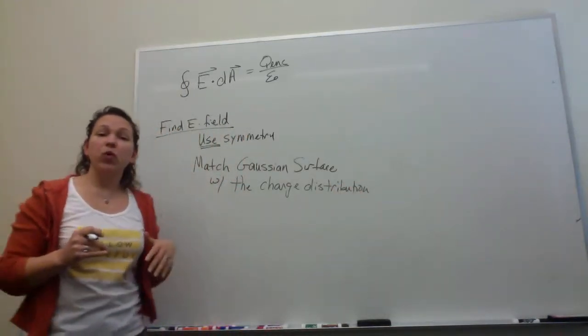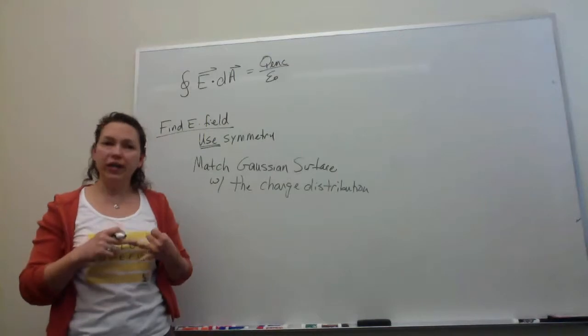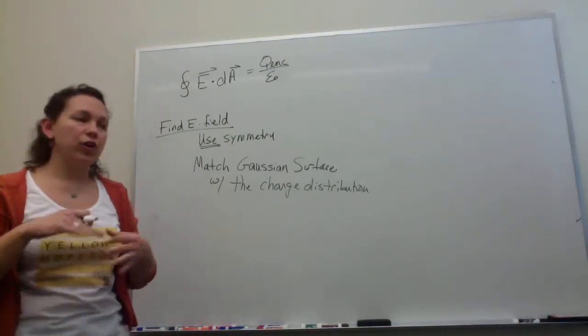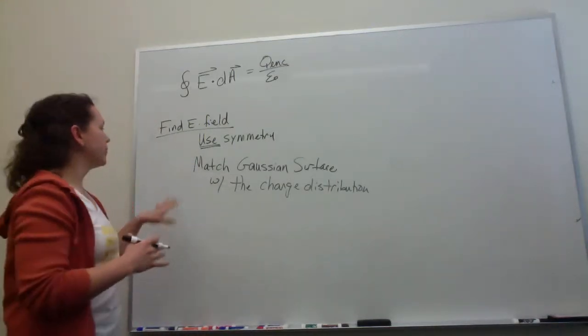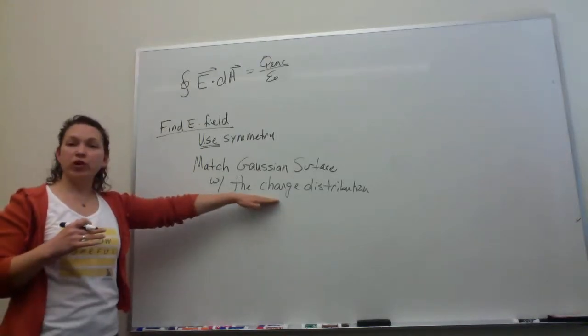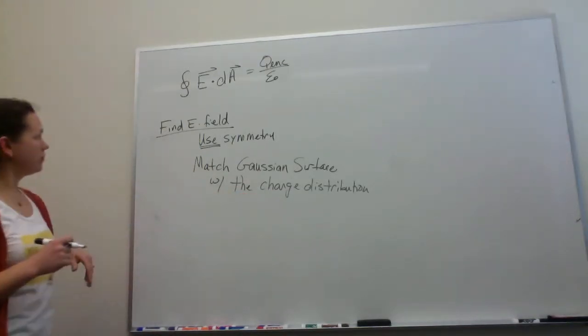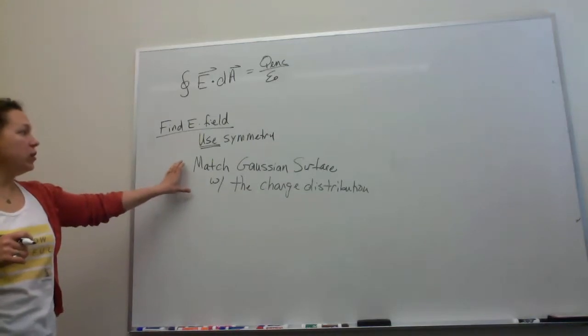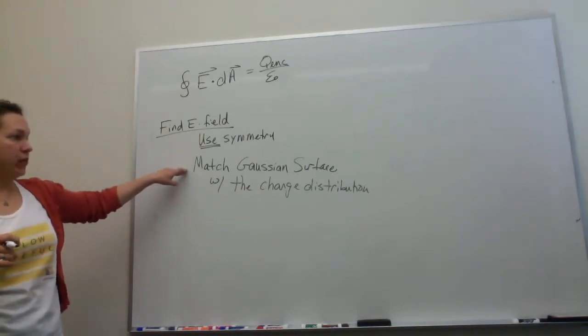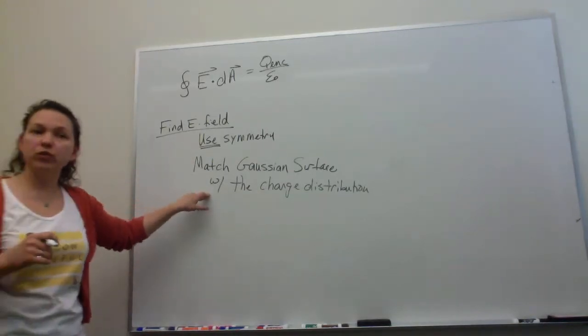As I mentioned before, things like a point charge, line of charge, shell of charge, something spherically symmetric. That's the type of charge distribution we're looking for. Now, why do you want to use the symmetry and match the Gaussian surface with the charge distribution?